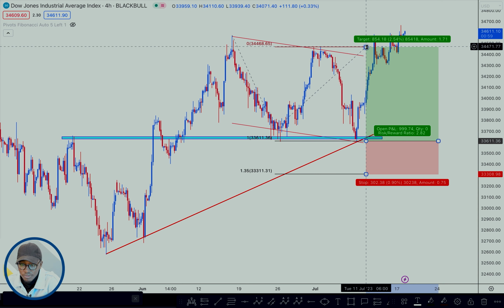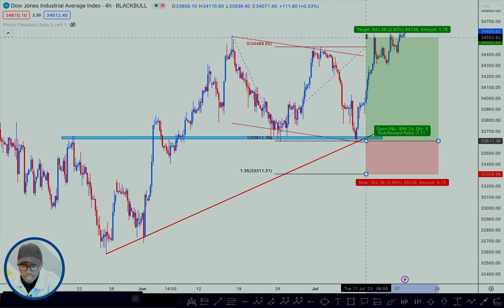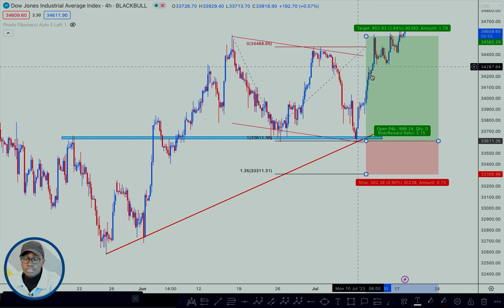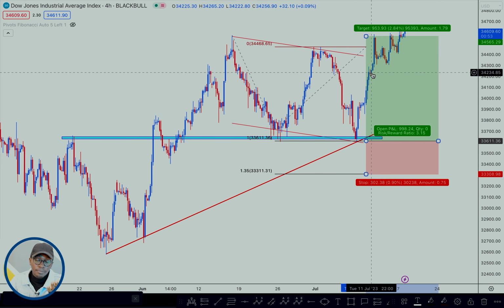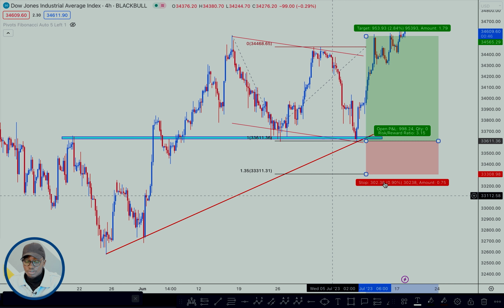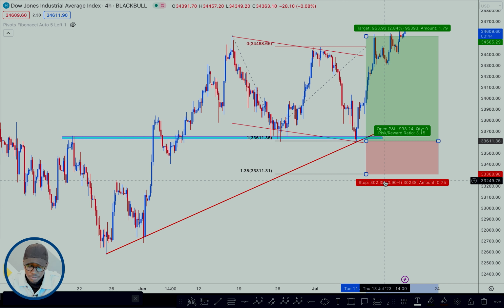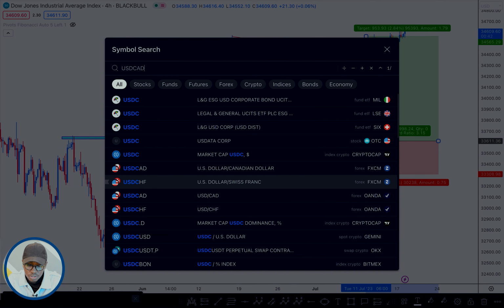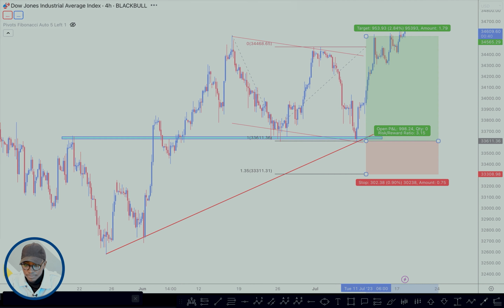That is according to the first take profit level, and then the second one, my risk reward was 1.31. And then we'll go to the second trade which I took, which was US card.